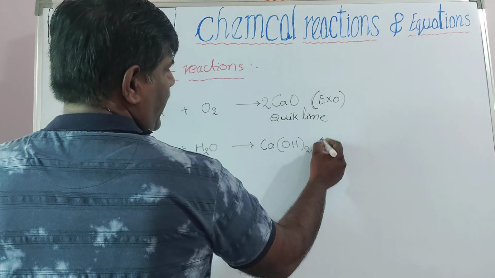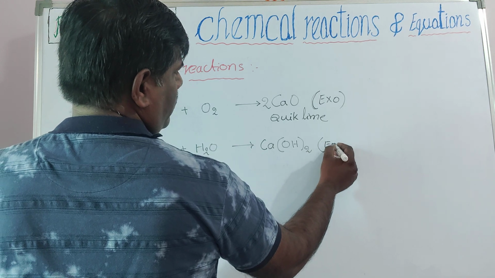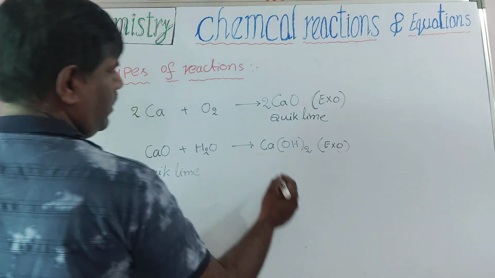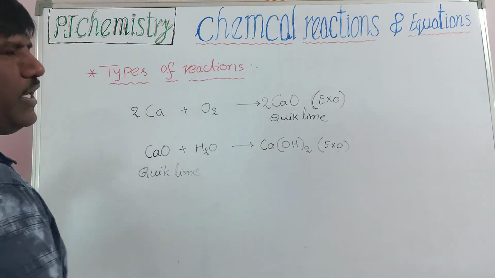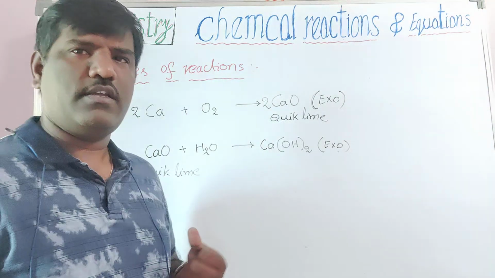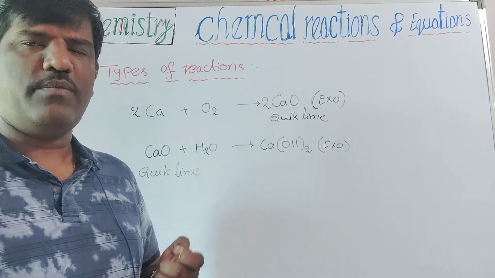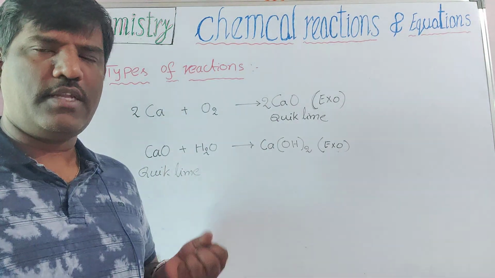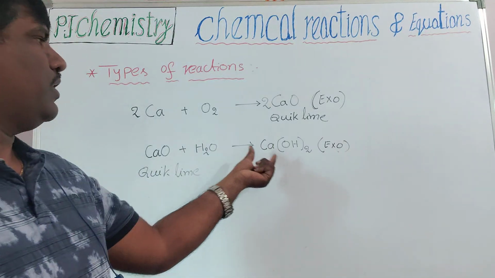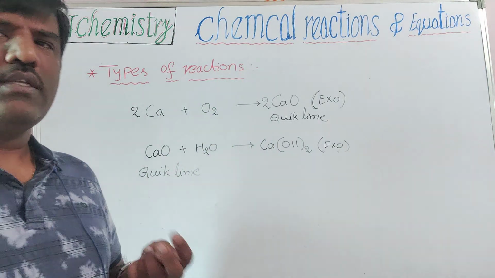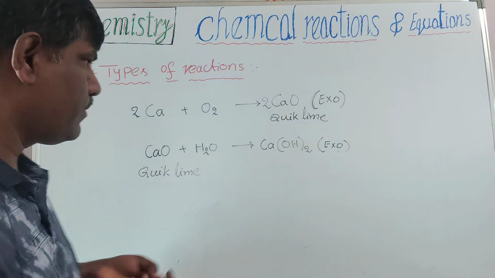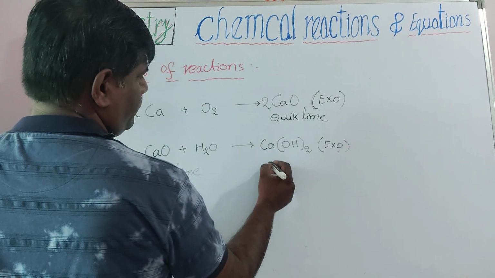It is also exothermic. What are the different names of calcium hydroxide? Here, general names are very, very important. They will ask with the general names only. Calcium hydroxide, another name is slaked lime.